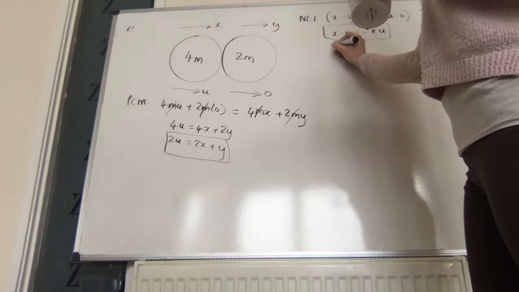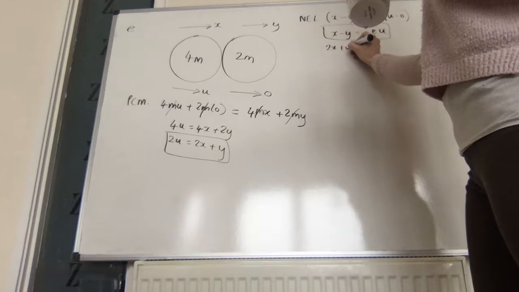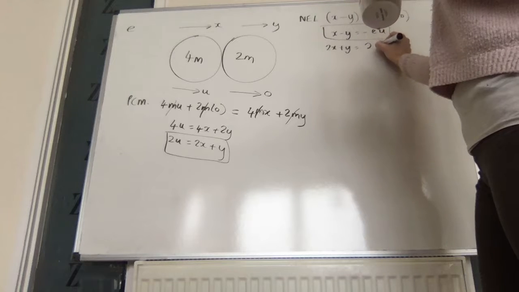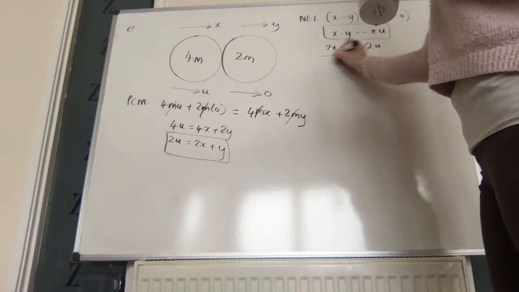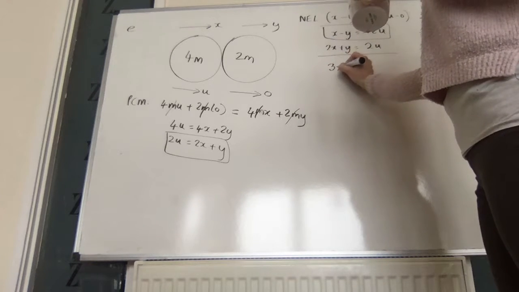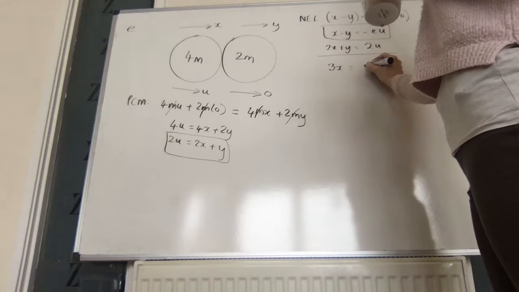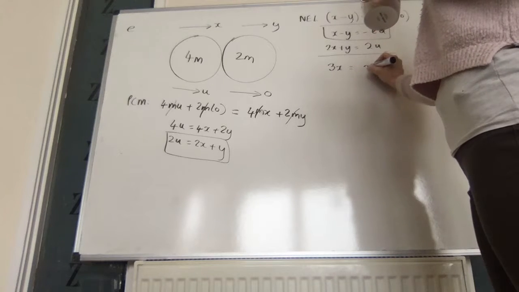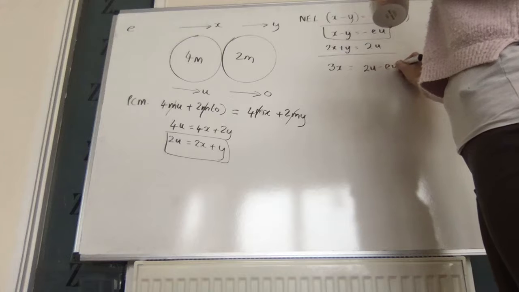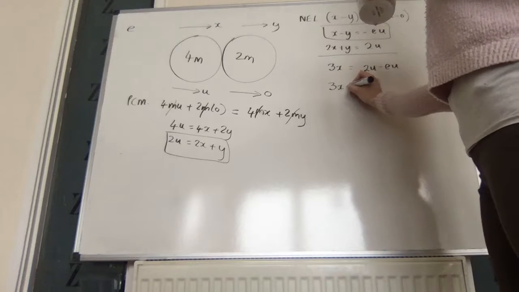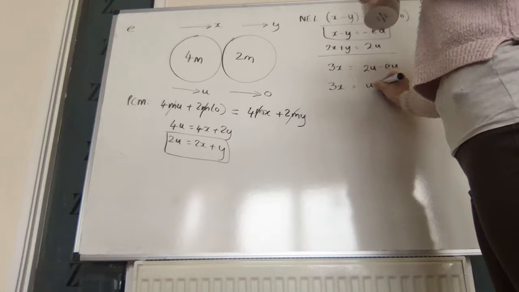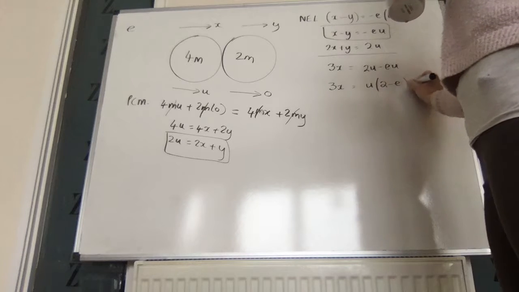So we have 2x plus y equals 2u from down here. If we add these, we get 3x equals 2u minus eu, so 3x is u times 2 minus e.